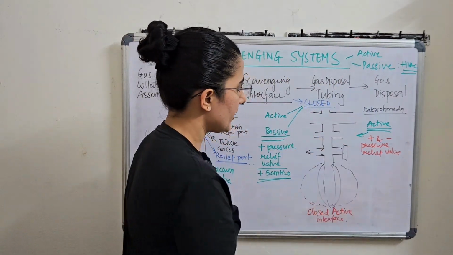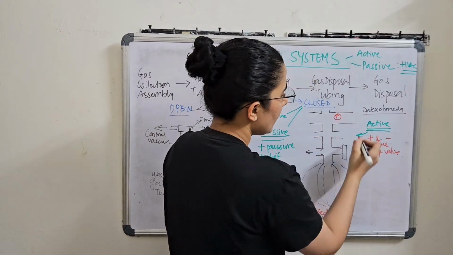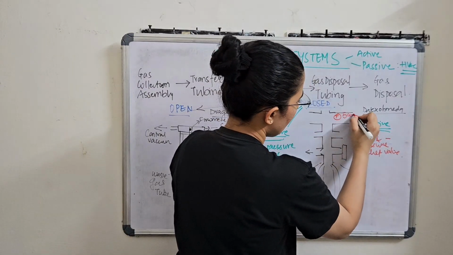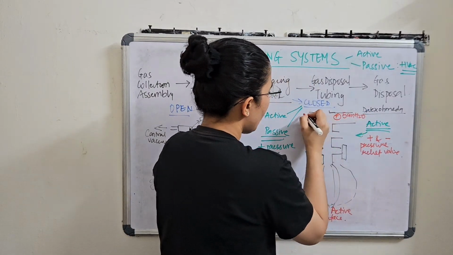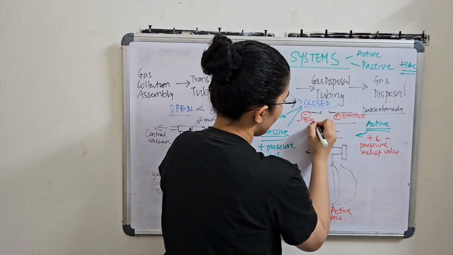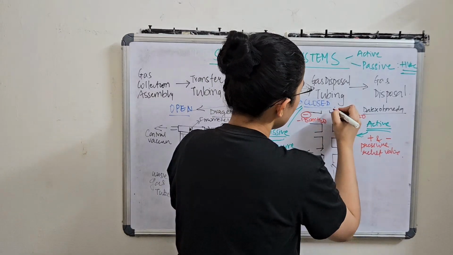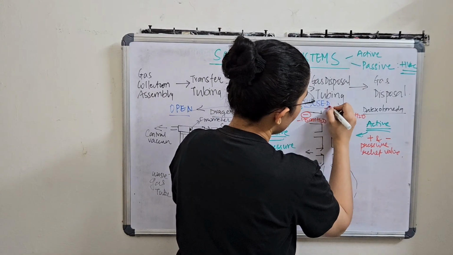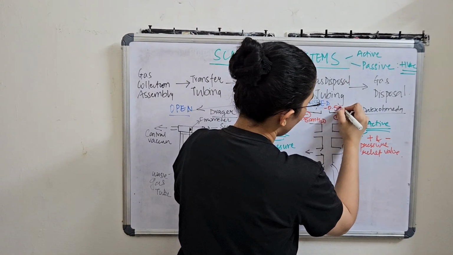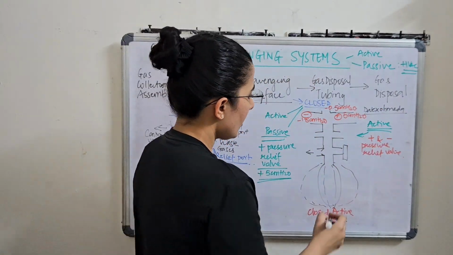The components include a positive pressure relief valve at plus 5 centimeters of water, a negative pressure relief valve at minus 1.8 centimeters of water, and another auxiliary negative pressure relief valve at minus 0.5 centimeters of water.